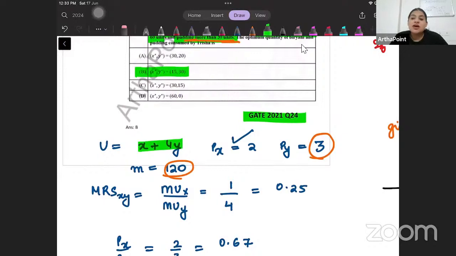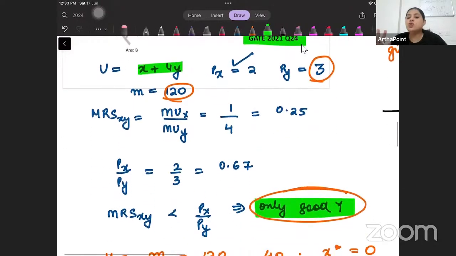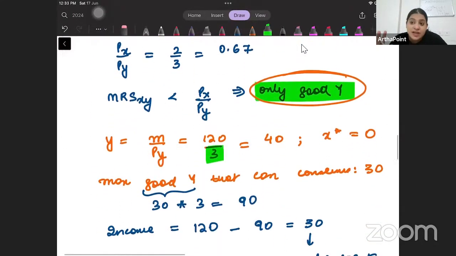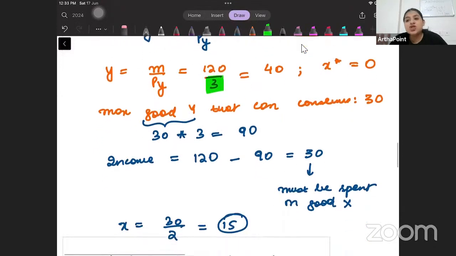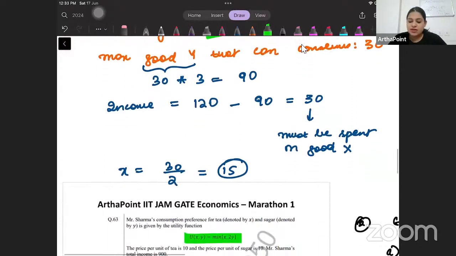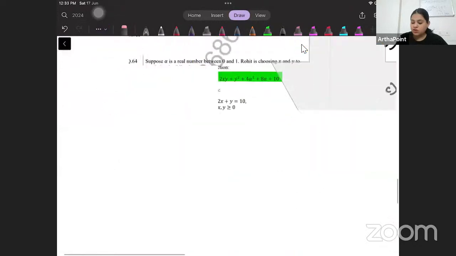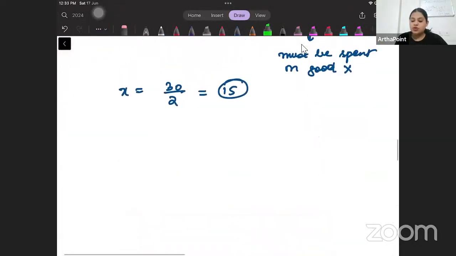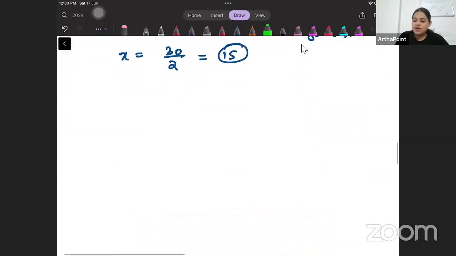This is an exceptional question where you are given a substitute good, but additionally there is a constraint on the budget that you cannot go beyond some levels. I'm giving you this as homework. Just try to give some time and post your answers on the group.